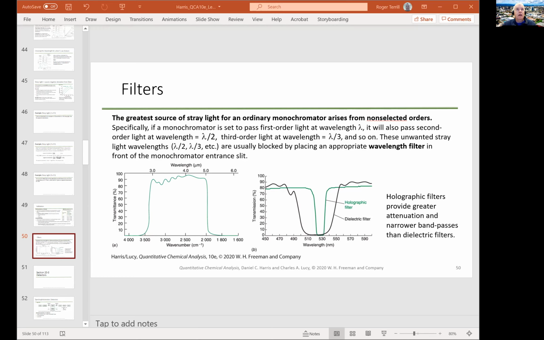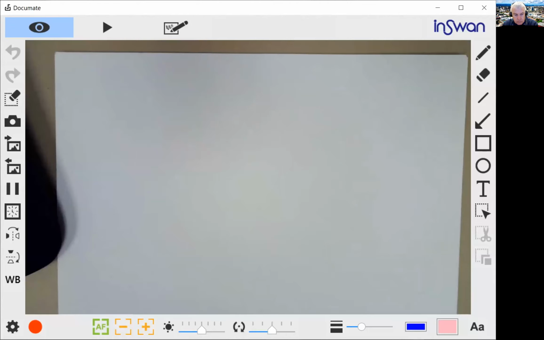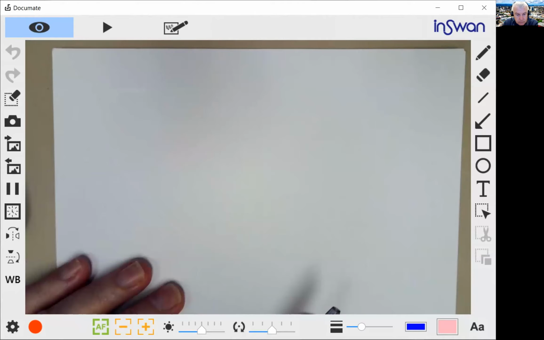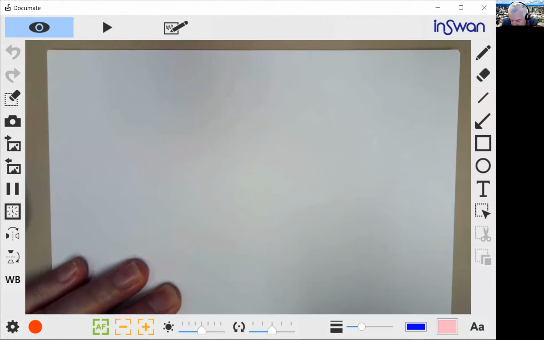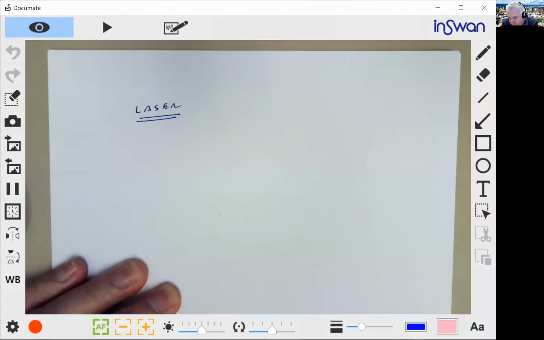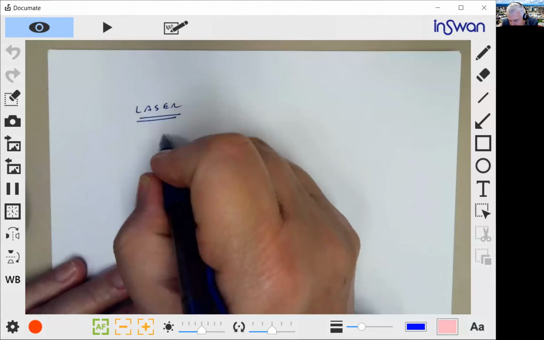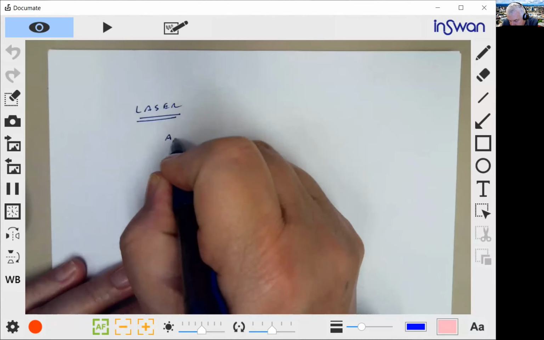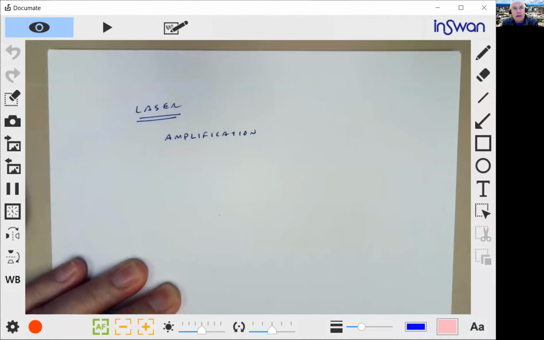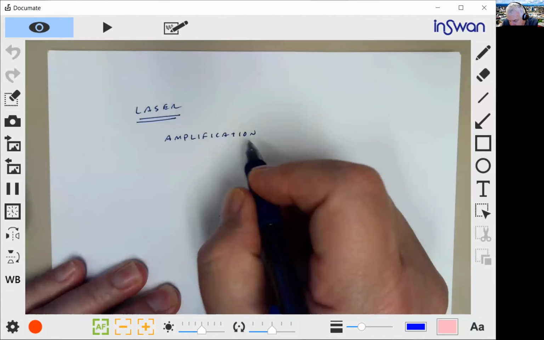So let me change over to the document camera here. In a laser, the amplification is due to a molecular phenomenon called stimulated emission.